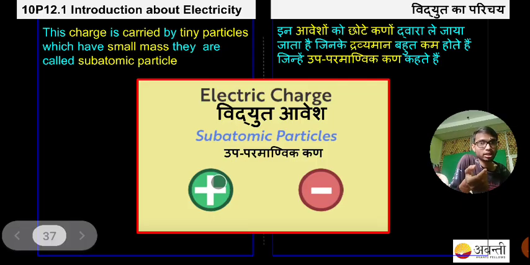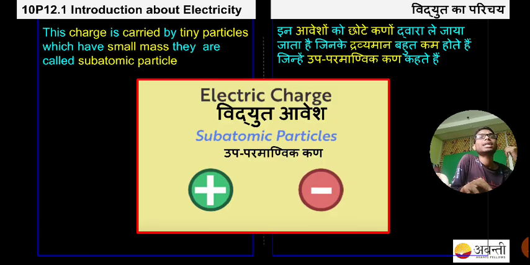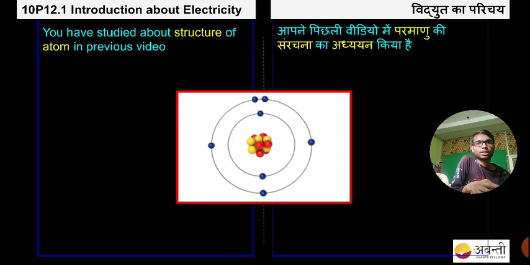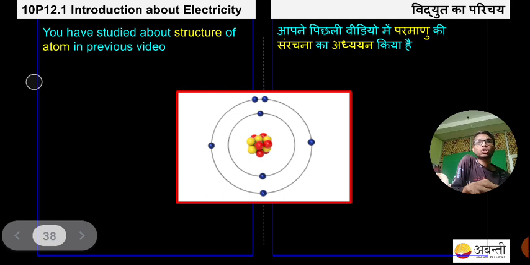Here you can see we have this subatomic, a piece of an atom. They carry charges. When electricity flows through the conductor, then it works. All subatomic particles start traveling when electricity flows. Now you have studied the structure of the atom in the previous video. Here we have a subatomic atom.